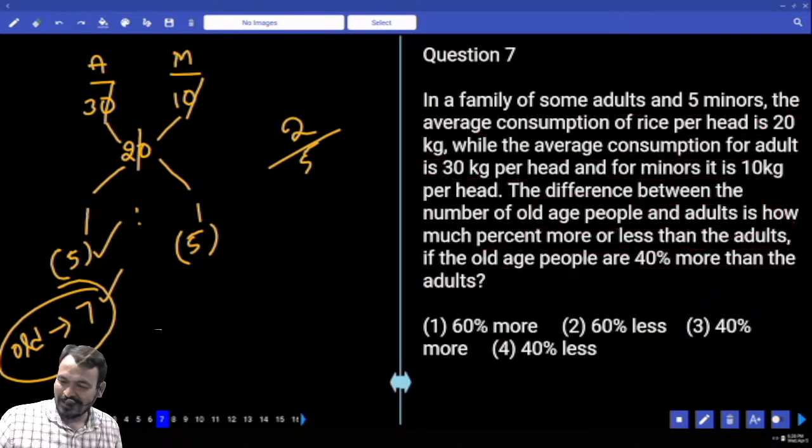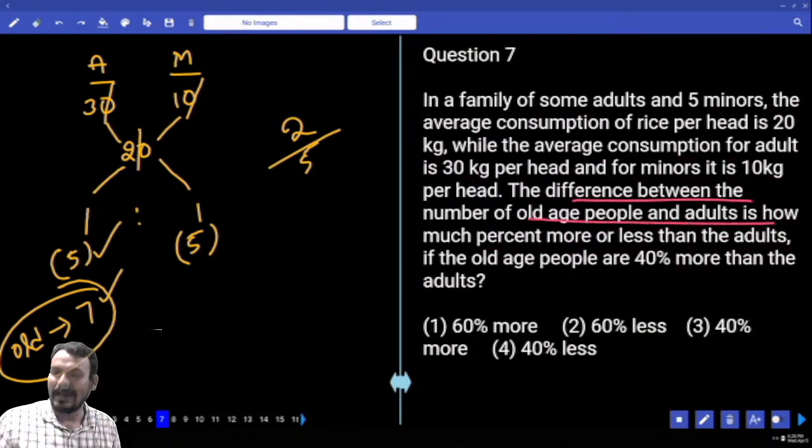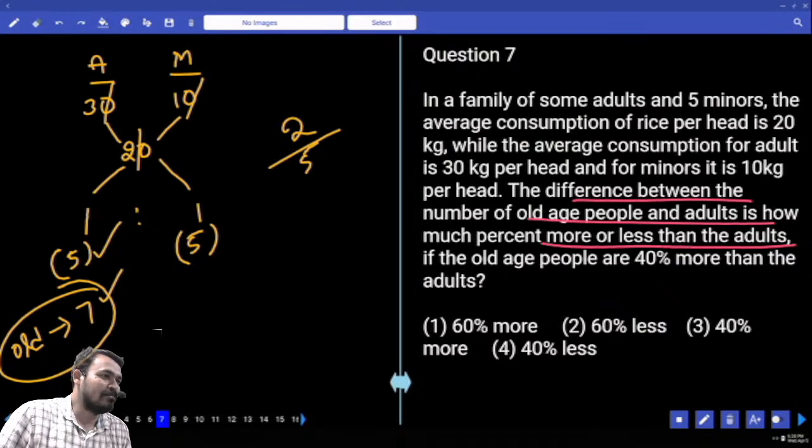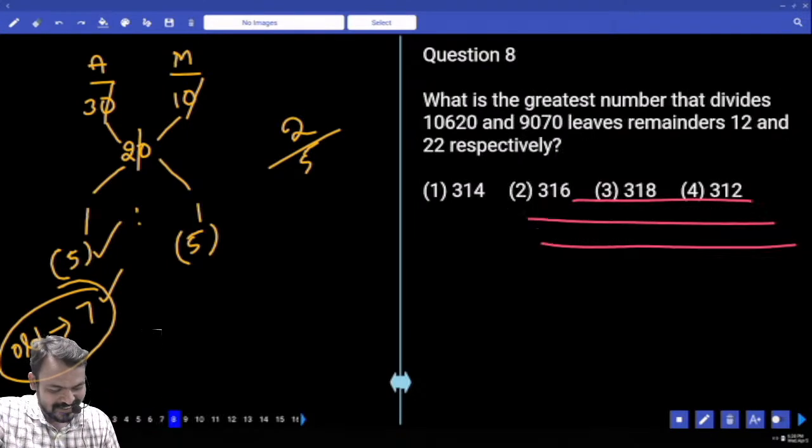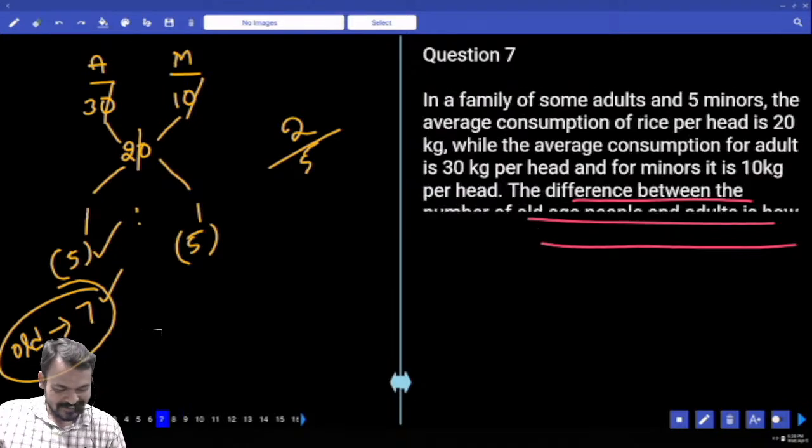The question is the difference between old age people and adults. The difference between 100 and 140 is 40. That 40 is how much percent more than the adults? Adults are 100, so 40 out of 100, the same as 2 by 5, which is 40%.